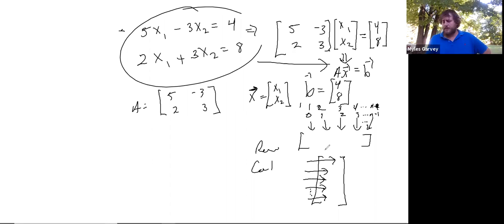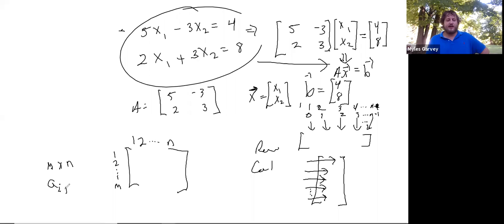And for matrices, by the way, we say that A is an m by n matrix if it has m rows and it has n columns. And we usually say that Aij, the first index, almost always represents the row number. The second index represents the column number.